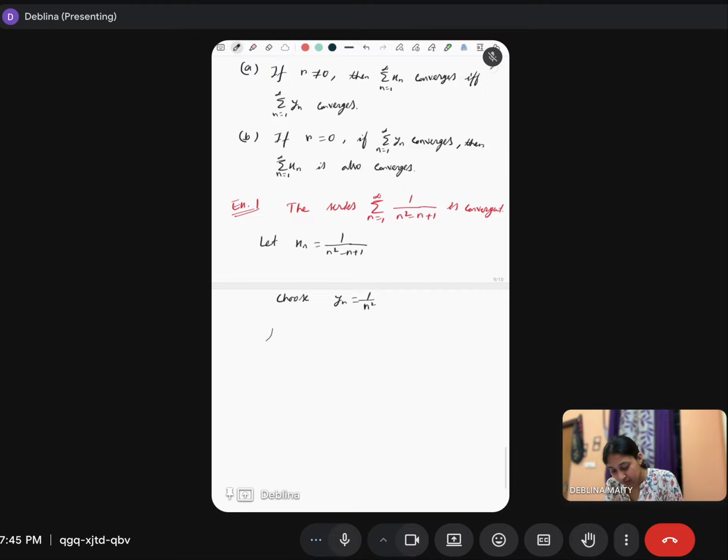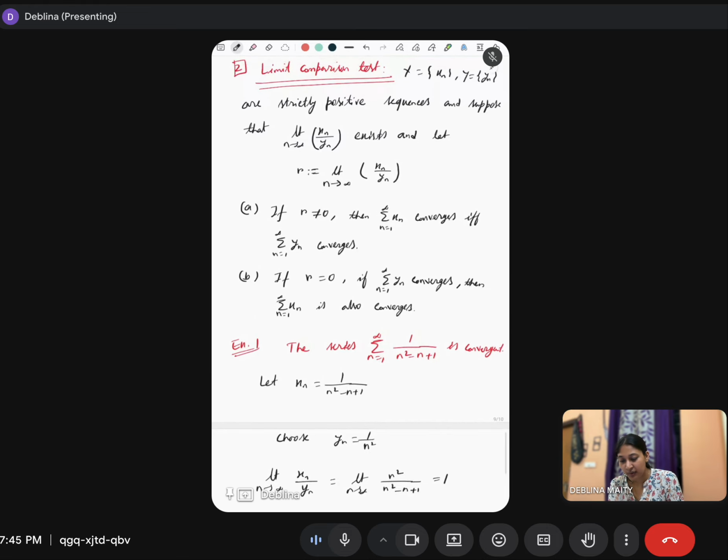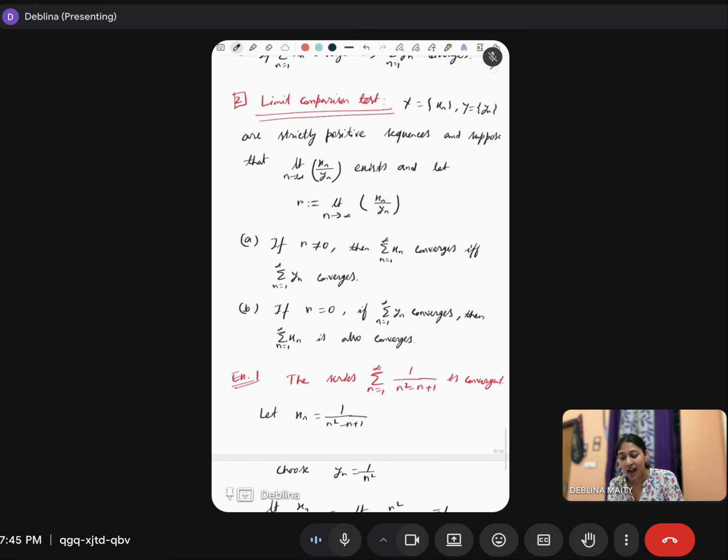Now the limit as n tends to infinity of xn by yn is n squared by n squared minus n plus 1, which is 1, right? So by the limit comparison test, this r exists and is 1, non-zero. So both the series converge or diverge simultaneously.